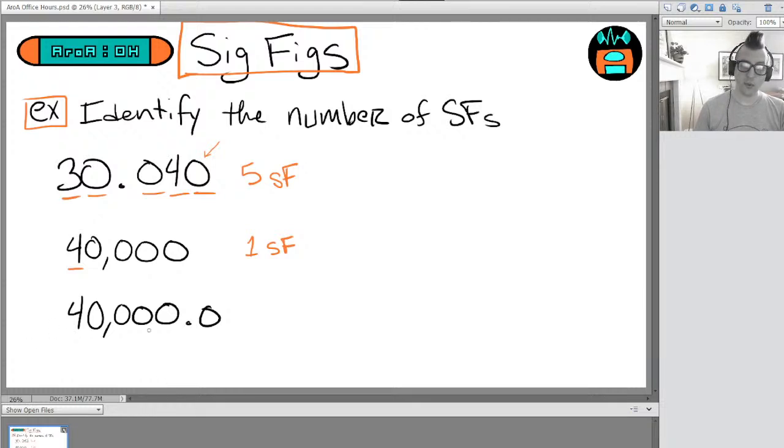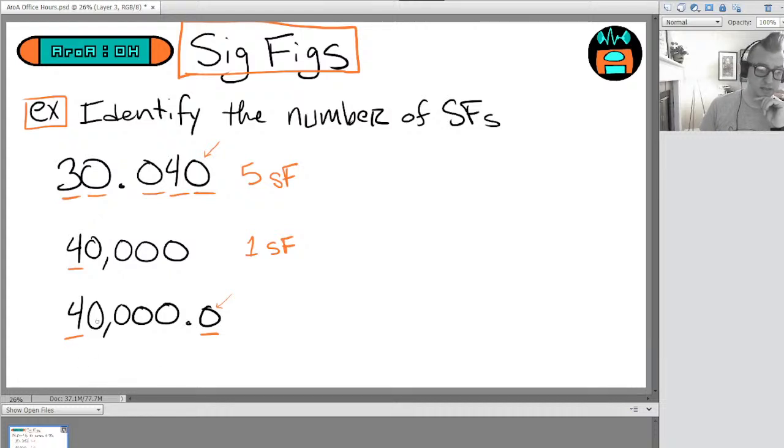How about 40,000.0? All right, how many significant figures will this number have? Well, we have 1 non-zero digit, that's the 4. With 40,000.0, we do have a 0 that is both at the end of the number and to the right of the decimal. So this 0 is significant.